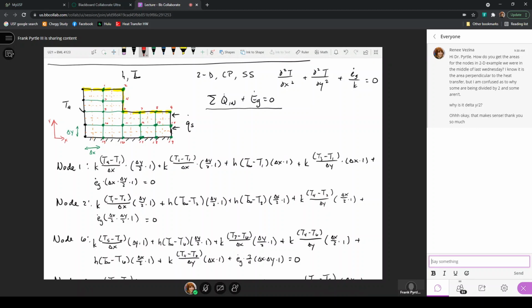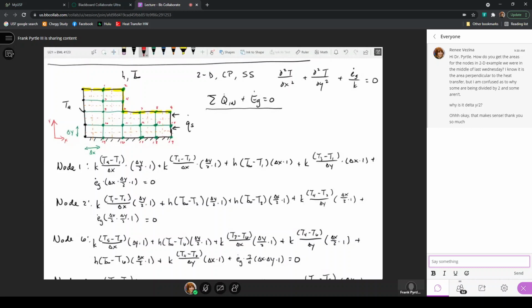Here, T3 would be greater than T1 for heat to move out of the object and into this fluid. So this would be a negative value, a low temperature minus the high temperature divided by the distance between the two. And that would tell me what the temperature gradient in the object is at this upper surface.